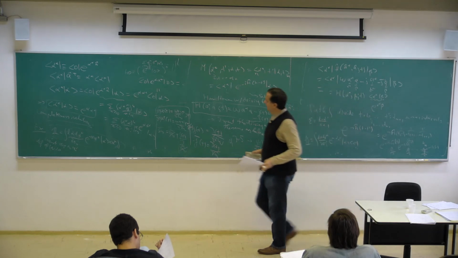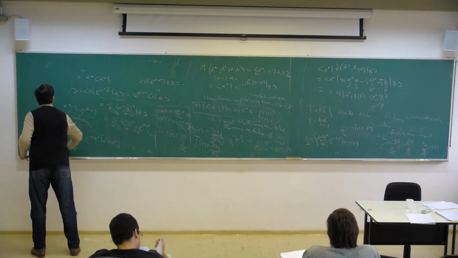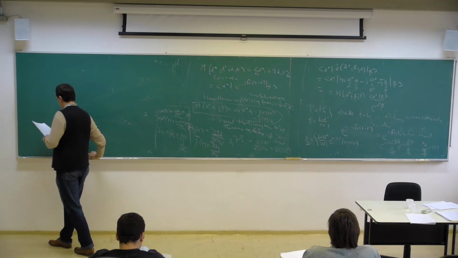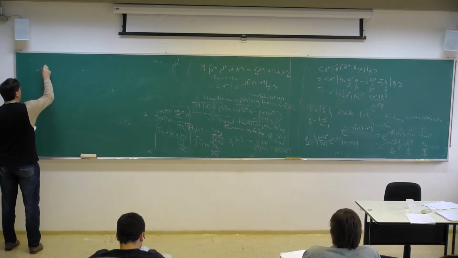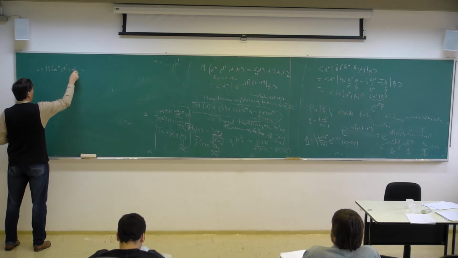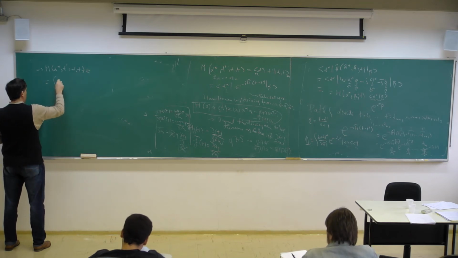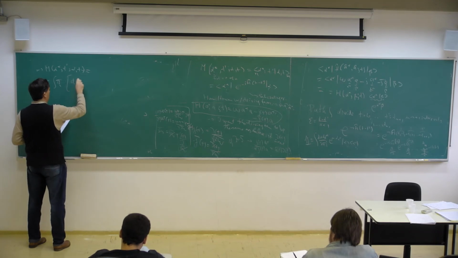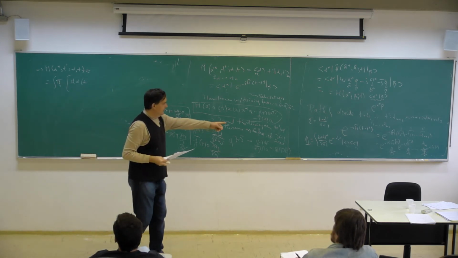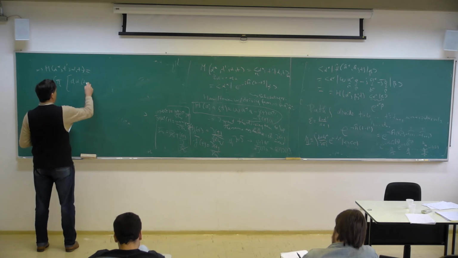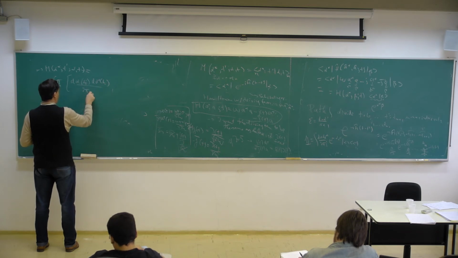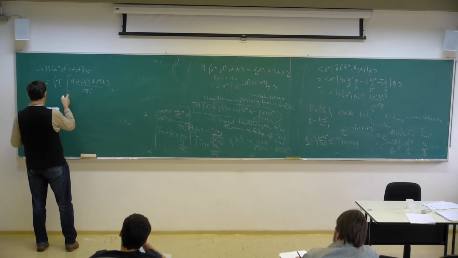So then in the end, I obtain the new path integral: each integral is over a different t i, so d alpha t i, d alpha star t i over 2 pi i, the product of all these integrals.